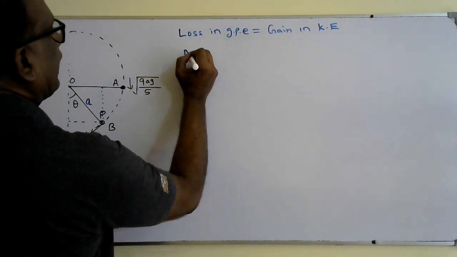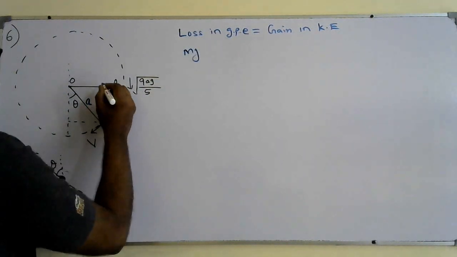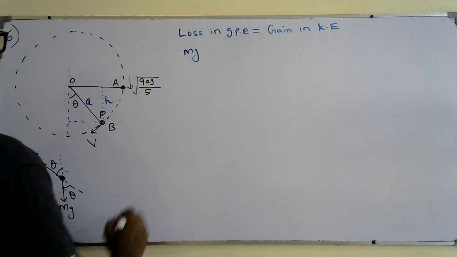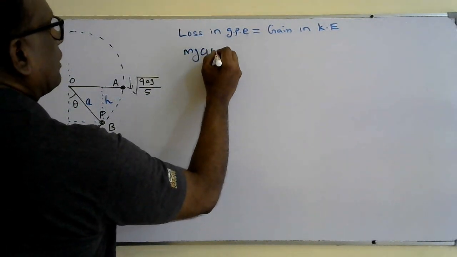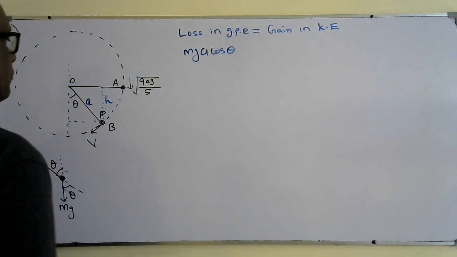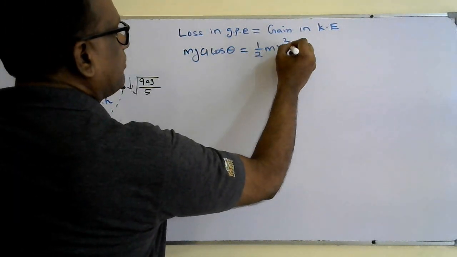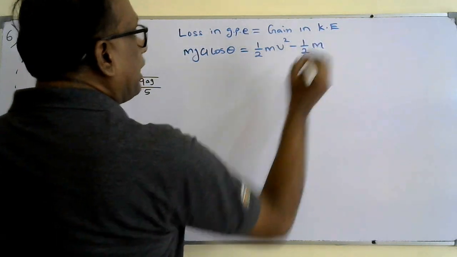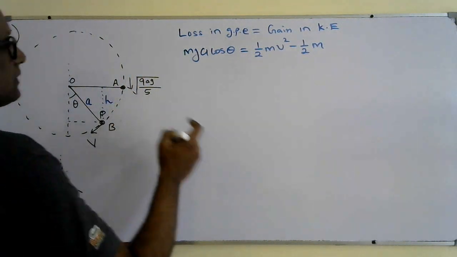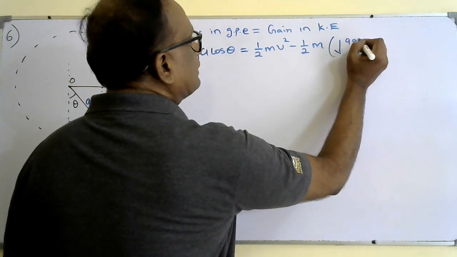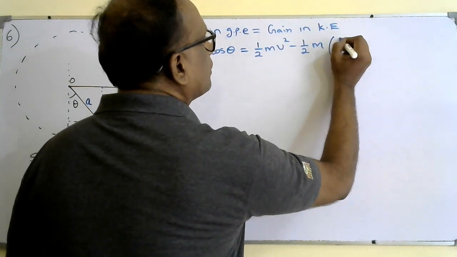So loss in GPE is mgh, where h is the vertical height it has fallen. h is equal to A cos theta, which is equal to half m v squared minus half m u squared. U squared is 9ag over 5.